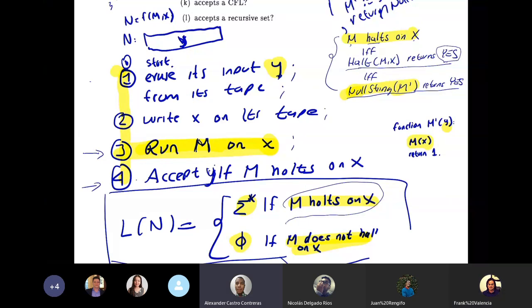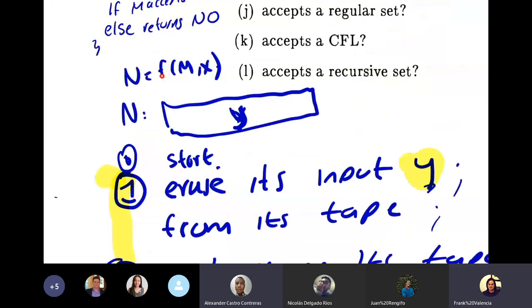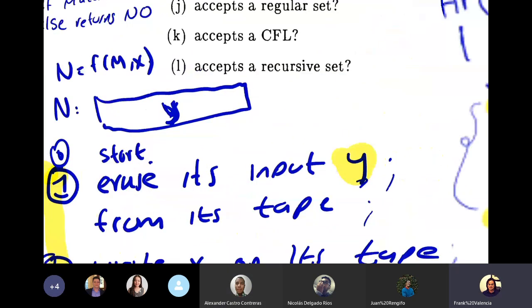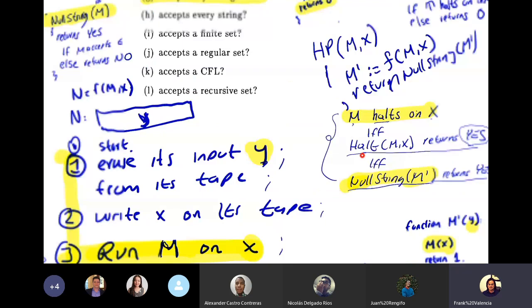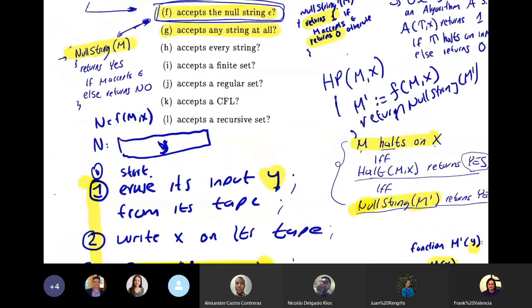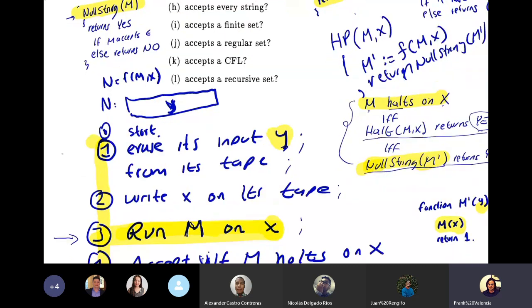Teacher, if the machine N only has as input the machine M and the input Y, where does X come from? Because I am producing this machine with this M and X. This comes from the halting problem. Let me finish it because I really need to finish this.